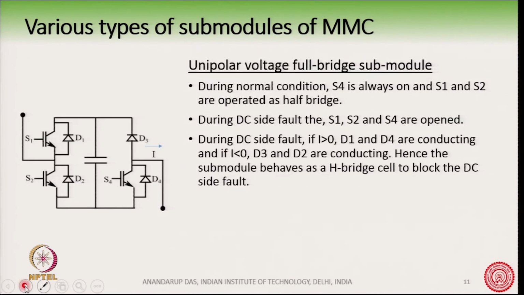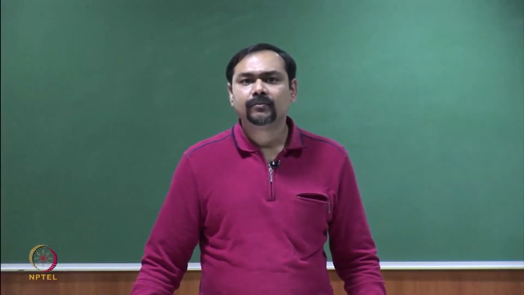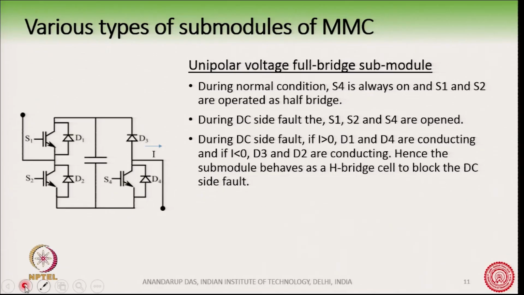Again, there is also another submodule. I will explain one or two more, like the unipolar voltage full bridge submodule. This is the normal condition, this is a half bridge kind of thing, this switch is always turned on, and S1 and S2 are working in a half bridge configuration.